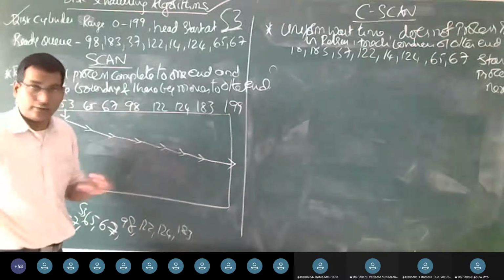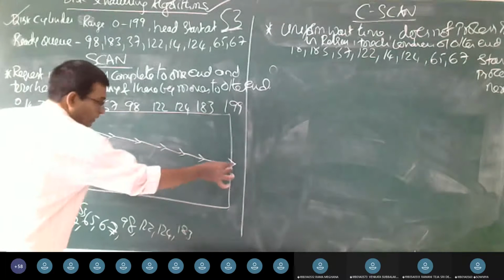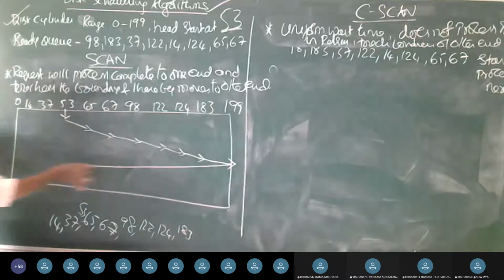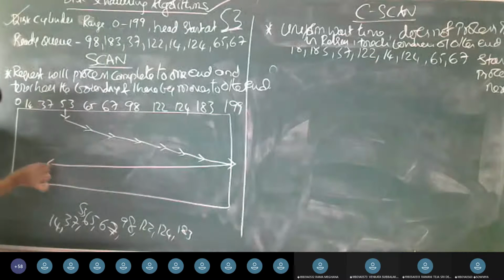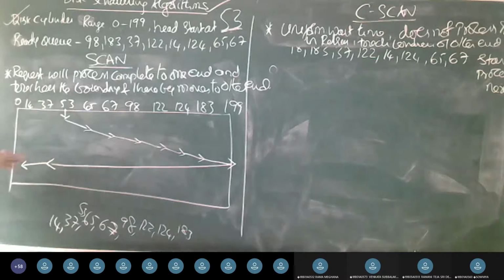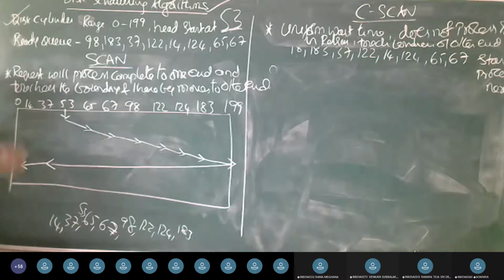After touching the boundary, it goes back, process 37, process 14, and there is no more request, so it stops here. Assume there was a request at 40. Then it touches 0 and comes back to 40.